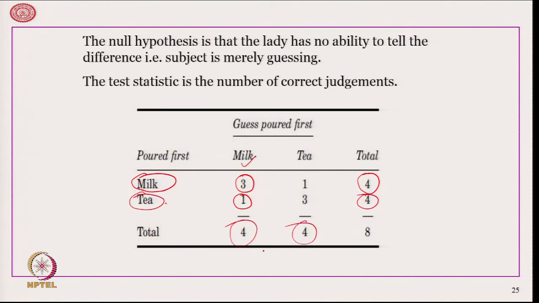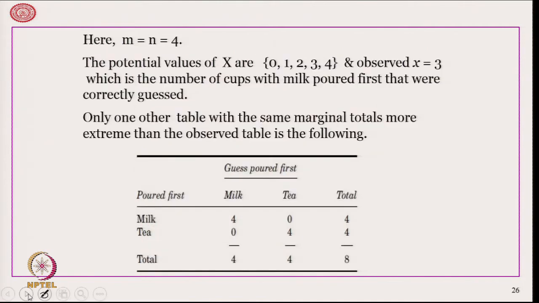So, a very simple table. We have to analyze the data to see whether she actually has any such talent. Now, the potential values of x are 0, 1, 2, 3, 4 and the observed is 3, which is the number of cups with milk poured first that were correctly guessed.